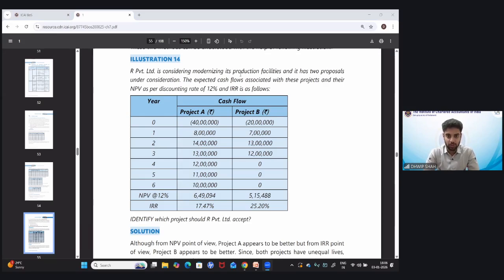So here the concept of replacement chain method and equivalent annualized criteria comes into the picture. What do they say? Don't just outrightly select any of the projects just by comparing the NPV or by considering the IRR. ऐसे रैंडमली आप कोई भी प्रोजेक्ट मत सिलेक्ट कर लो कि जिसका एनपीवी ज्यादा टेक दैट और जिसका आईआरआर ज्यादा टेक दैट.